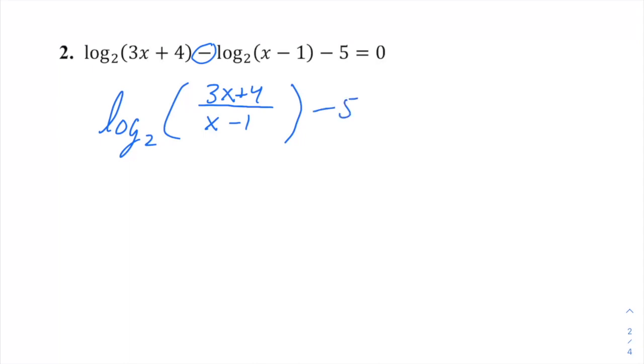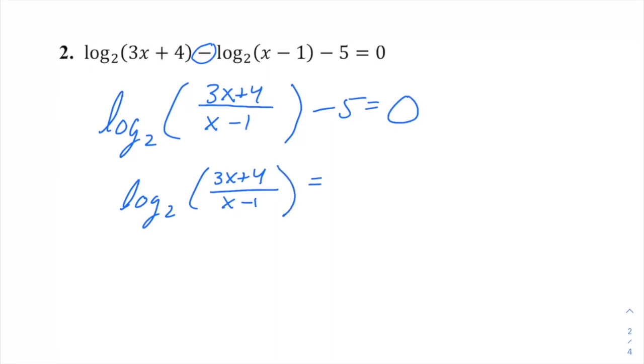Now I'm left with this minus 5 just hanging around outside though. That's not part of a log, so I can't condense it. So this is where I would really just move that to the other side of the equation. Whoops, that was bad parentheses placement there. And I'm going to add 5 to the other side.